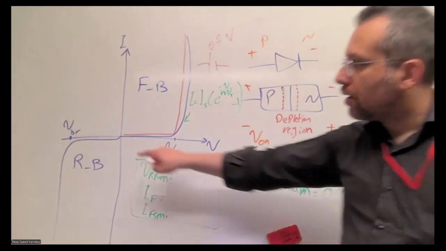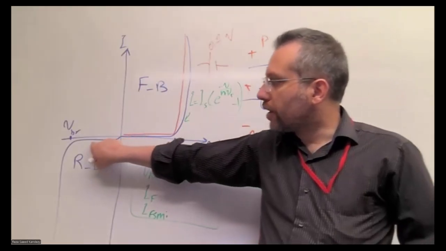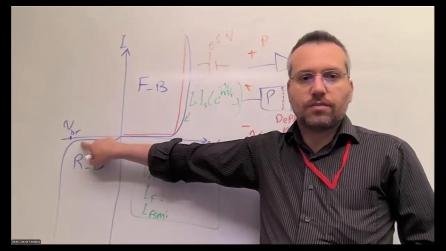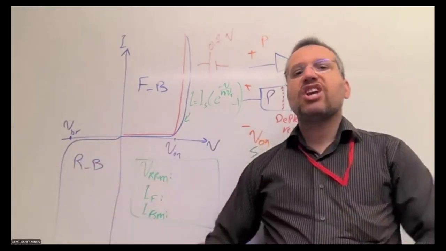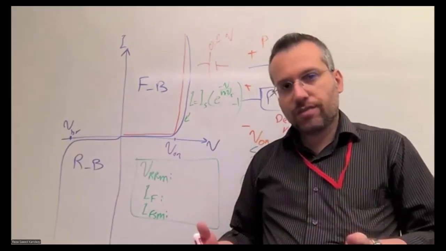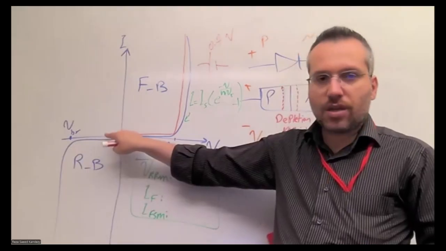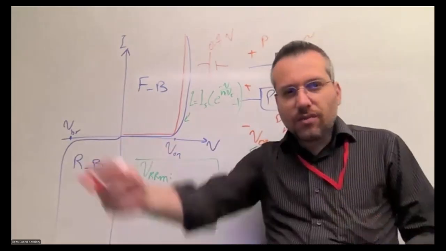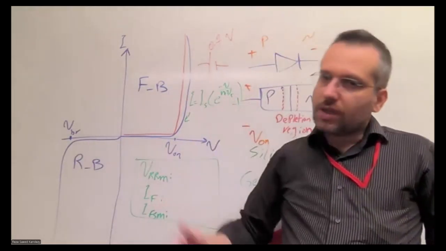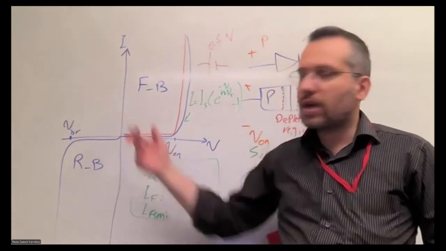So when we have a reverse voltage, our current going through the diode is approximately zero. Why do we say approximately zero? Because in reality, we always have some leakage. As you can see, the curve is not exactly on zero. There is a little bit of leakage. It's very small, so if you're not working with very sensitive equipment, you don't even need to consider that.